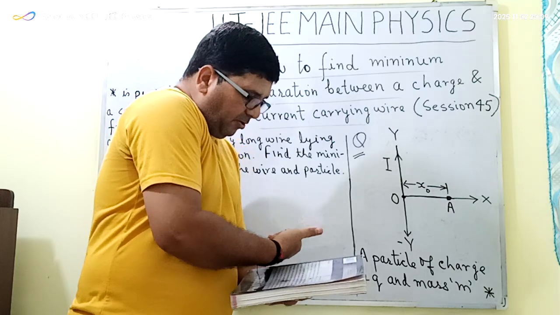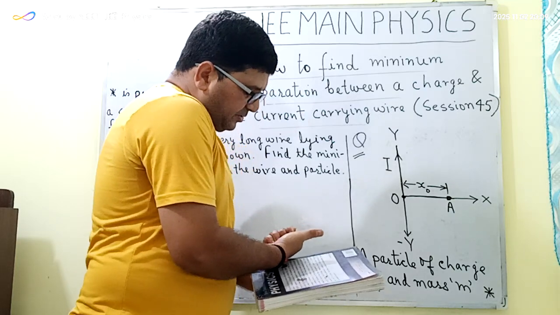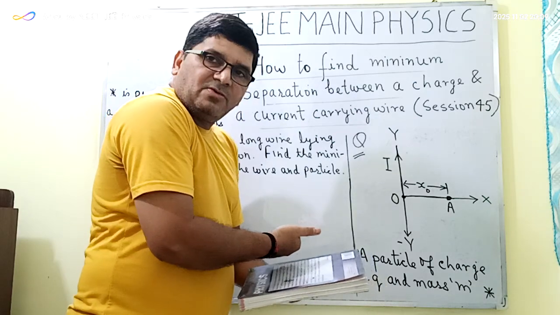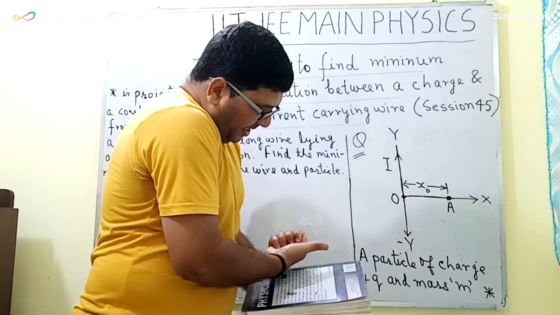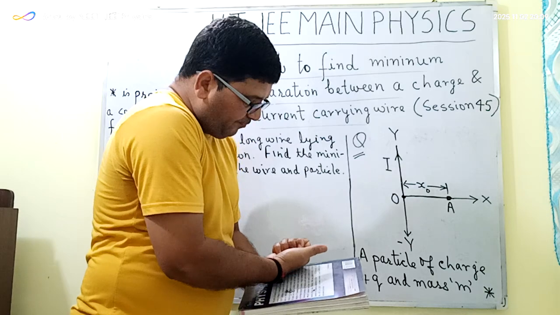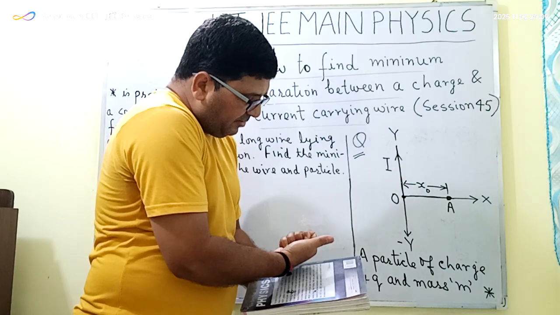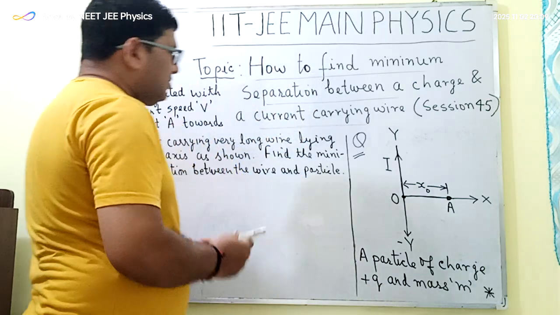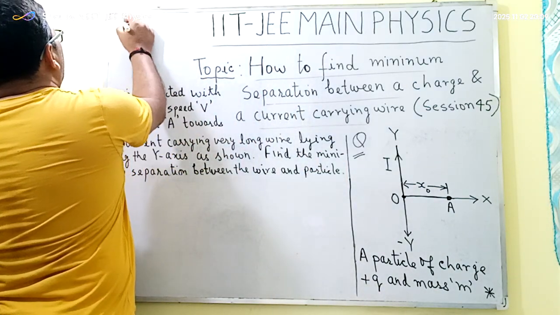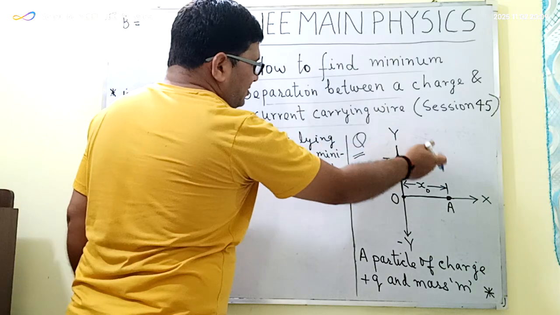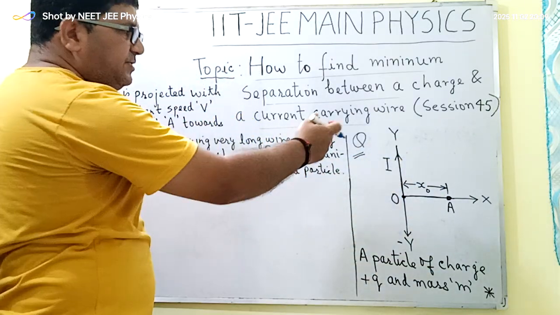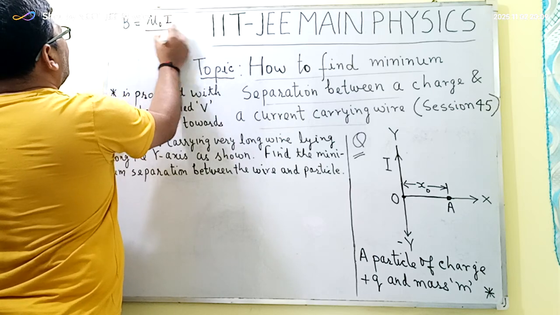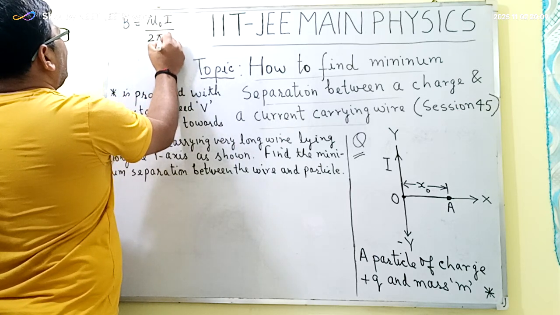So I am using the thumb rule now. By the thumb rule, the direction of the magnetic field on the right side of this current carrying wire will be given by the direction of these curled fingers. The direction of the curled fingers is pointing towards the negative z direction. So the intensity of the magnetic field on the right side of this wire can be written as mu naught I divided by 2 pi x.